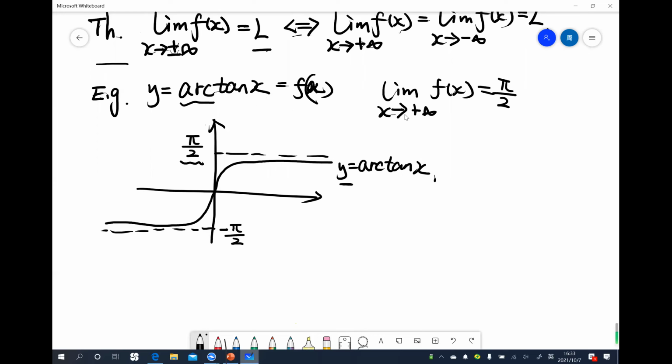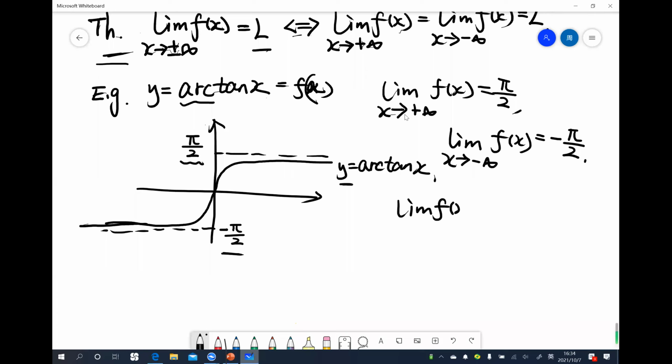But if x approaches negative infinity, the value of f(x) approaches minus pi by 2. So the limit here is minus pi by 2. So from the theorem before, we know that the limit of arc tangent x as x approaches positive or negative infinity does not exist, right?